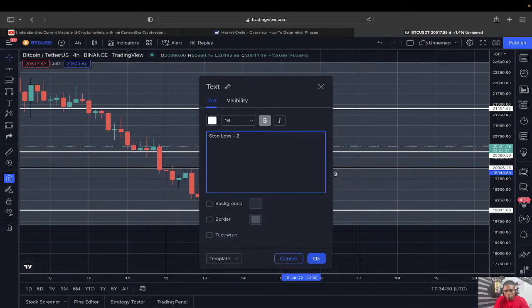Our stop loss would be at 20k. I'm trying to type it so that we can see it clearly. Okay, 20k.